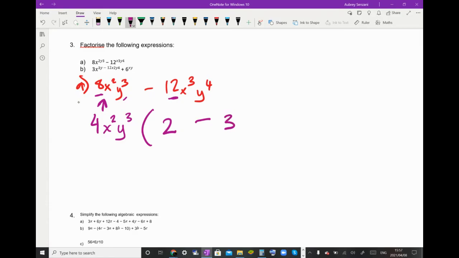But then here we have x to the power 3, and here we have x to the power 2. So then that would make this x to the power 1, which is the same as saying 3x, because remember we don't usually say to the power 1.